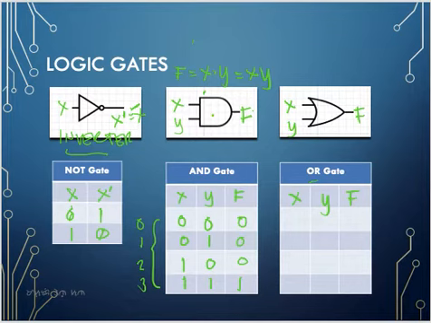Now, if here, para siyang multiplication, ito naman na or, ang ginagamit naman natin dito na symbol ay plus sign. Okay? That's why, ganito ang magiging itsura niya. X or y. Okay? Yung plus sign na yan, hindi siya addition, kundi siya ay or operator. Okay?